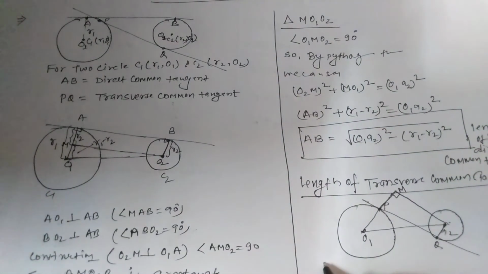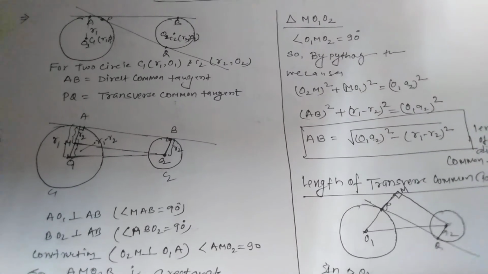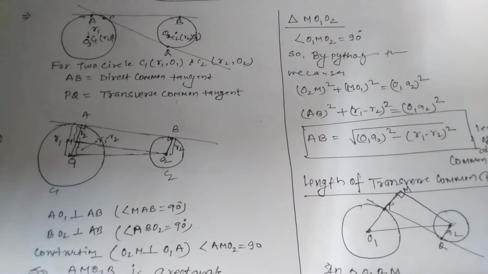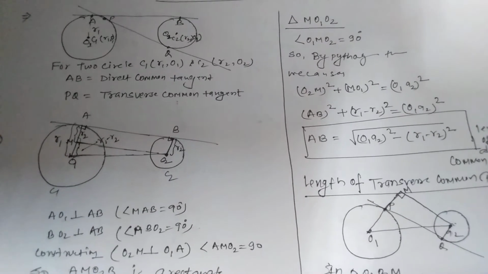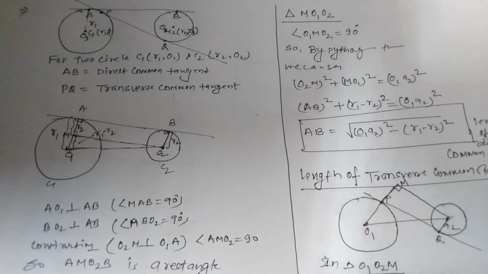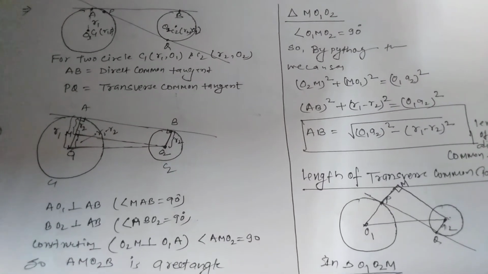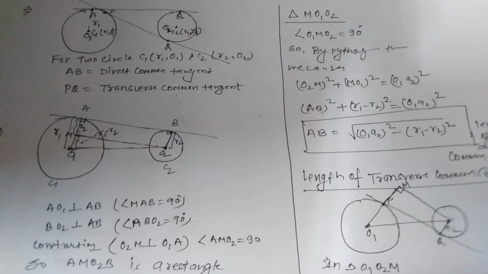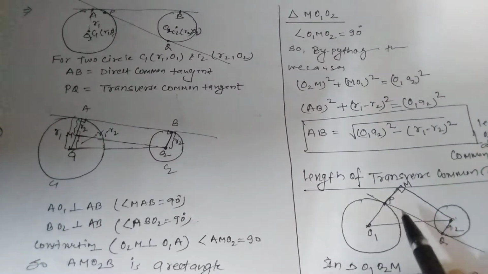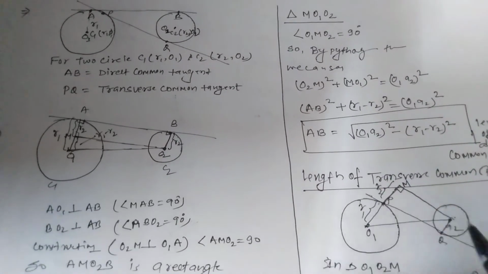So now we will discuss in triangle O1O2M. In triangle O1O2M, angle O1MO2 is 90 degrees, right? So this is the radius R1 and this is the radius R2.